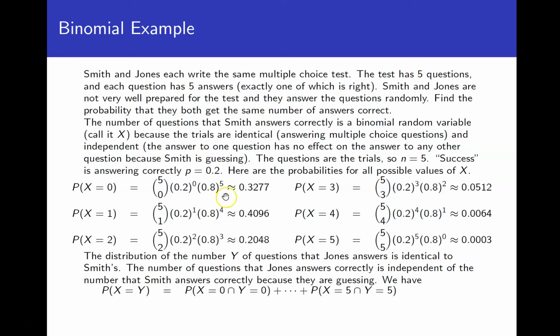We just said those probabilities should be the same, and so on up the line for 1 through 5. So this should be equal to the squares of all these probabilities added together, because this represents x and y both being 0, this represents x and y both being 1, etc. And if you calculate that final value, you get about 0.32.